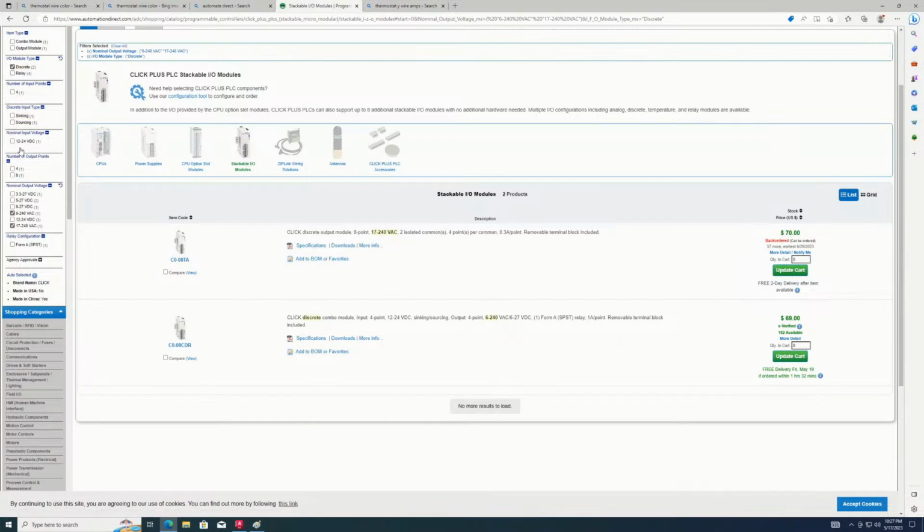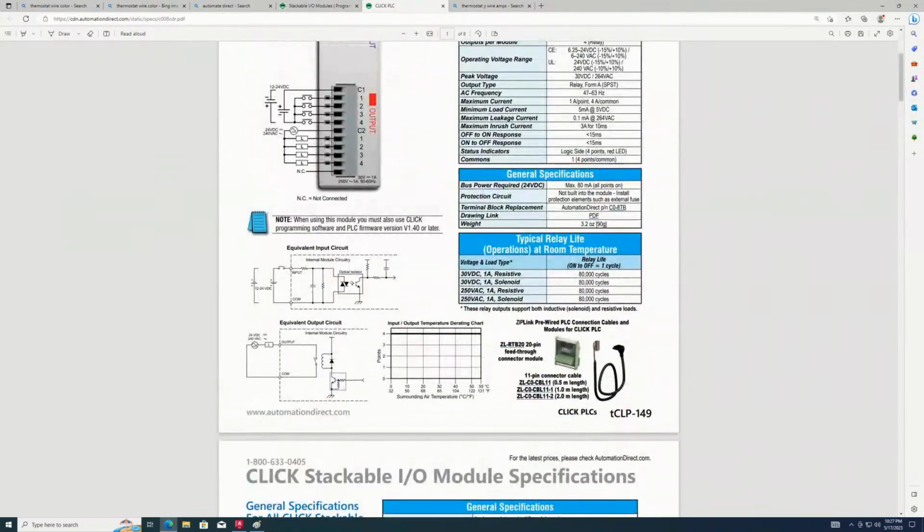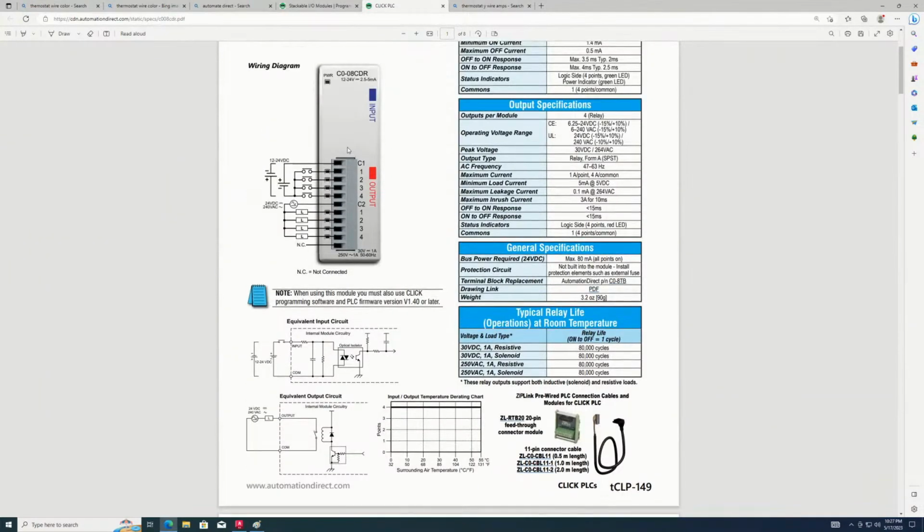These are output modules, discrete voltage input. This is all the magic. And I'm still learning how this works. You would think that your output down here would actually be powering it. I don't know.